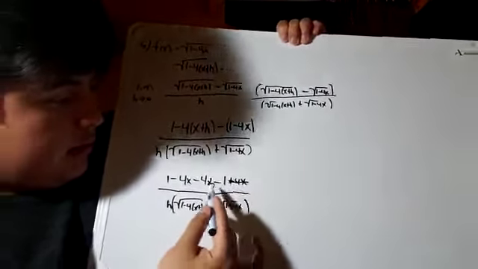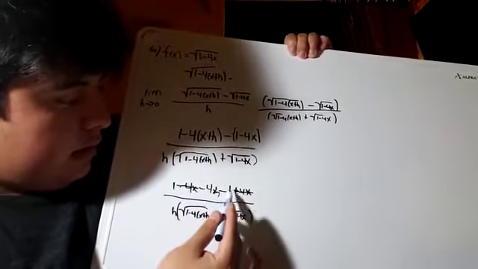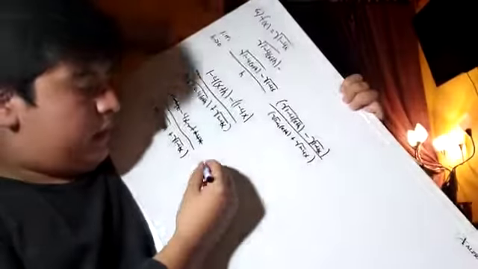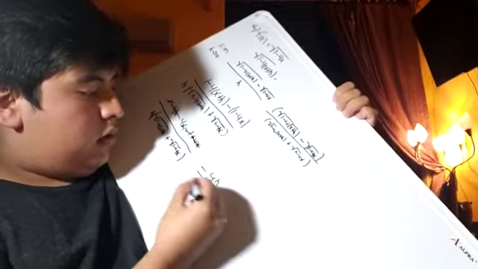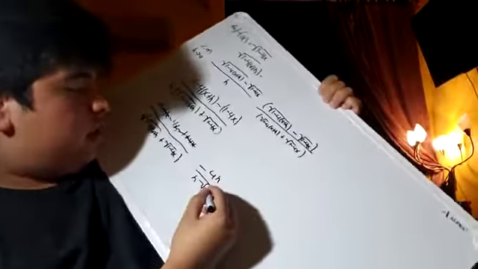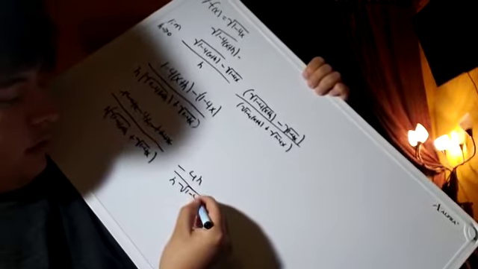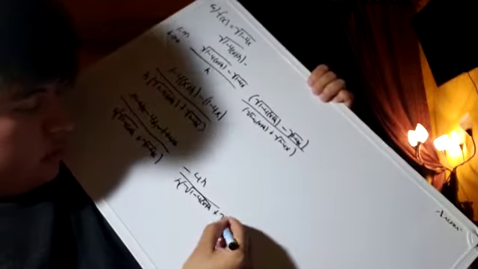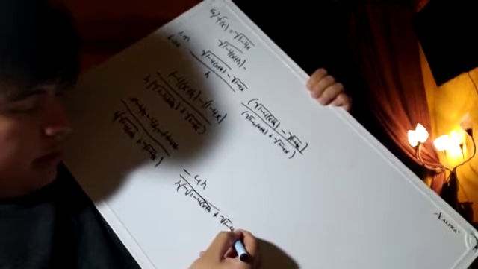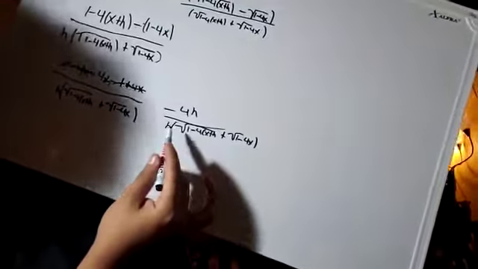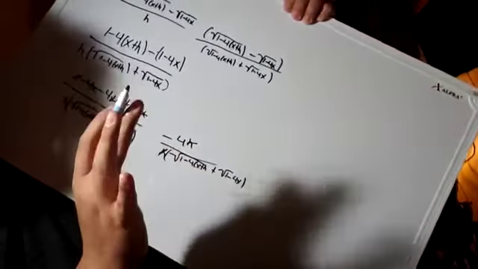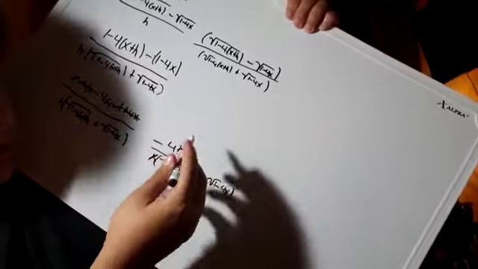Here this negative 4x and this positive 4x erase completely. This minus 1 and this positive 1 erase. So we're left with negative 4h over h times square root of 1 minus 4(x plus h) plus square root of 1 minus 4x. So we're left with this, and here each h is going to be completely eliminated. We have an h on the top and an h on the bottom.